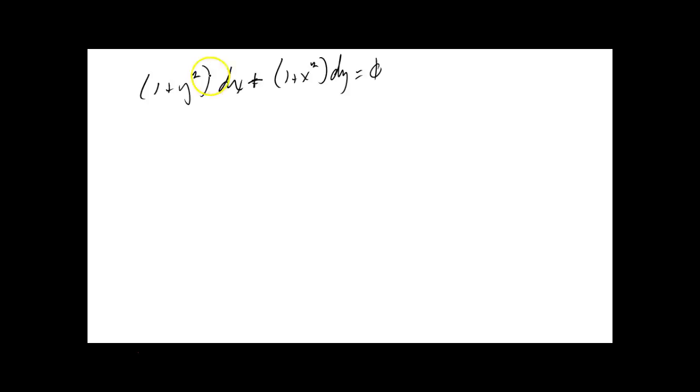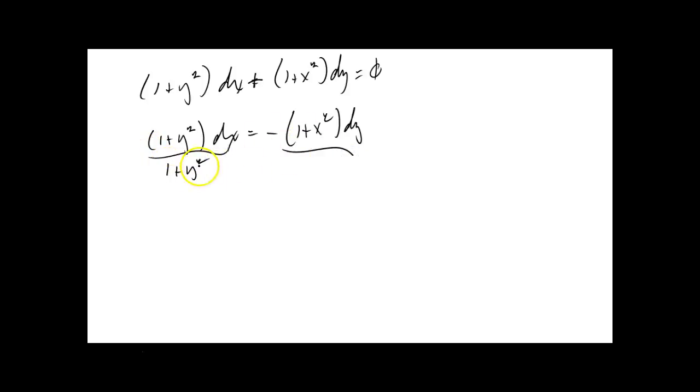if you do this as separation of variables, this will be 1 plus y squared dx is equal to minus 1 plus x squared dy. Okay? And what I would do is divide both sides by 1 plus y squared, and also divide both sides by minus 1 plus x squared.